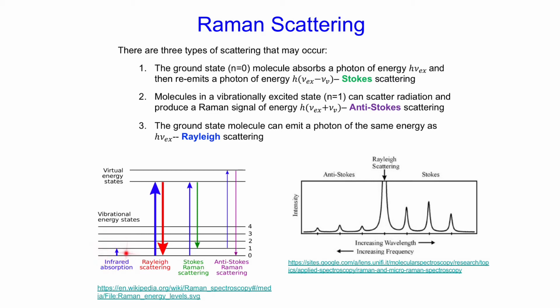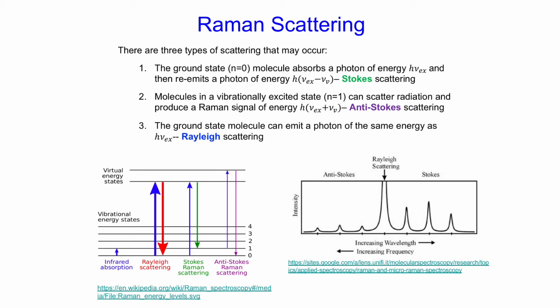Okay, this is our traditional IR absorption that we've been discussing, where we have a transition from a lower energy state to a higher energy state, and that energy represents the difference between those two states. So if you put in enough energy of light from your laser to excite that transition, okay, then that will happen.